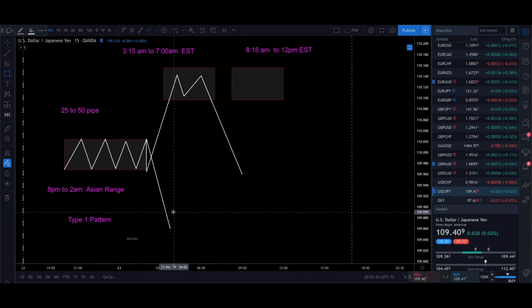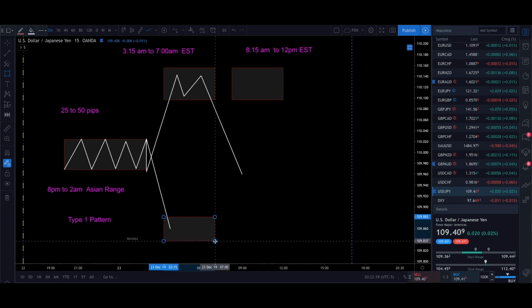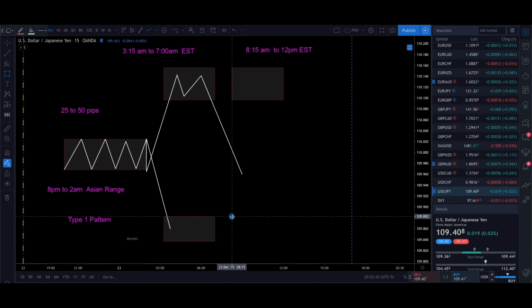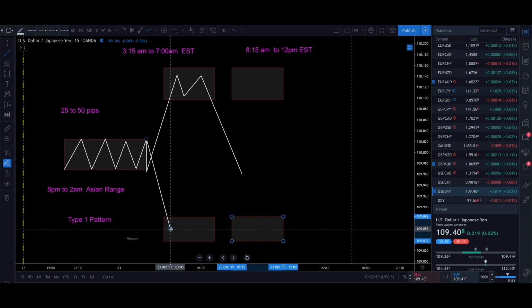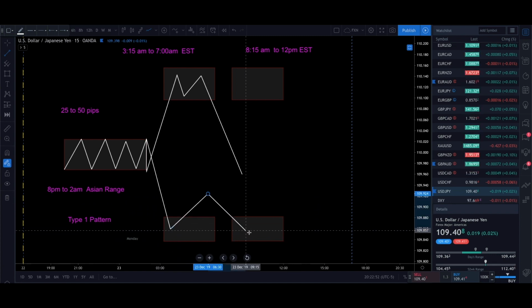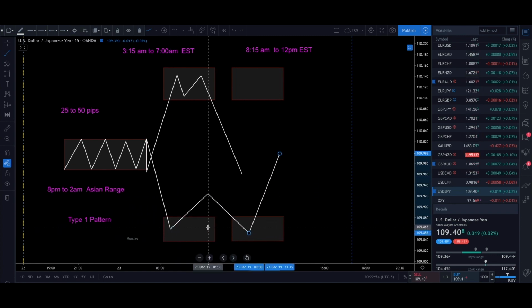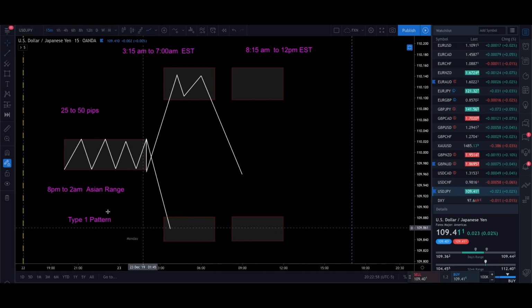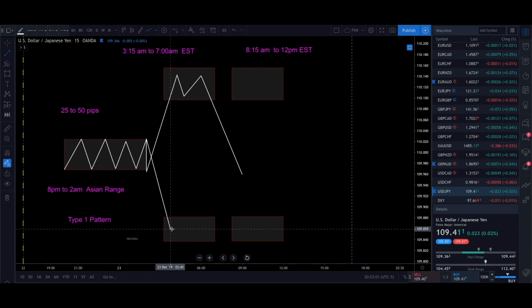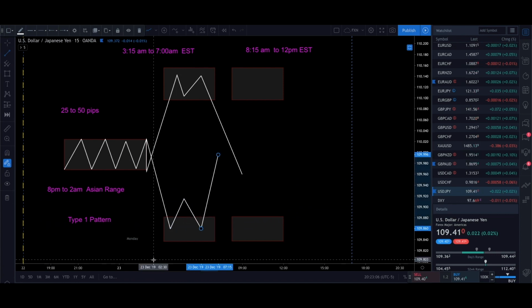Same thing. So if you have your boxes here for London and then another box here for the US session, same thing. It could be like this, right? Or it could be like this. Okay?